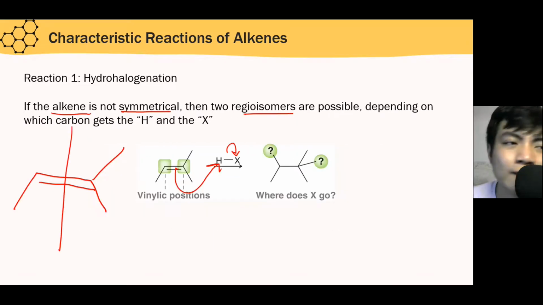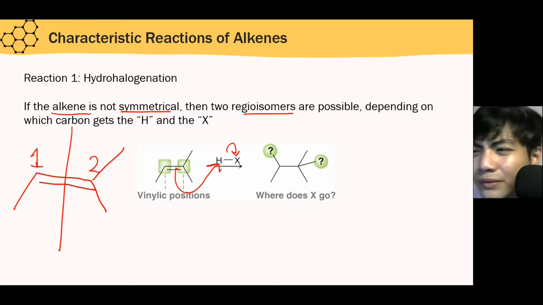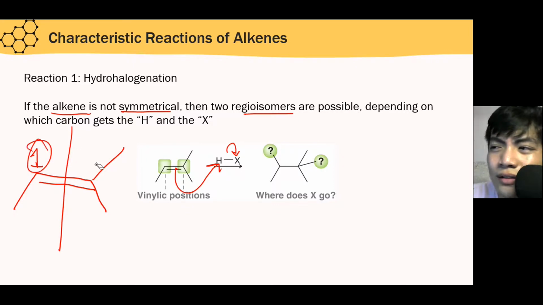So susundin natin. So apparently, if you have this case, you should place the hydrogen daw in the carbon atom that contains more hydrogen. Sino ba dito yung mas maraming hydrogen? Ito or ito? Is it the 1 or the 2? Obvious answer is yung 1. Okay?